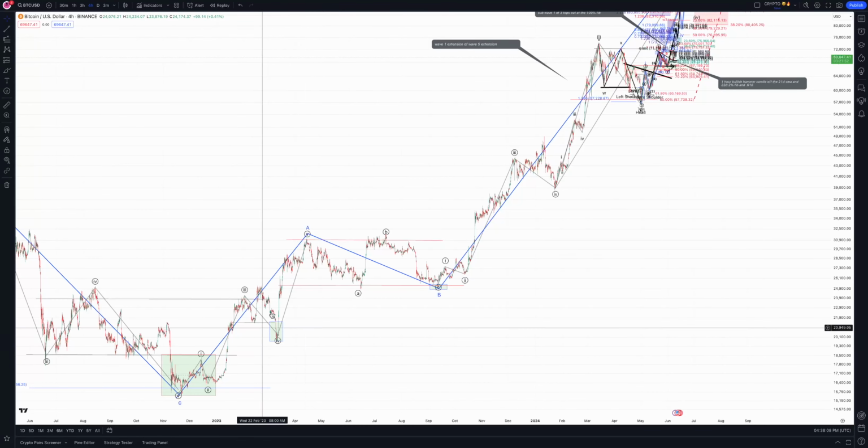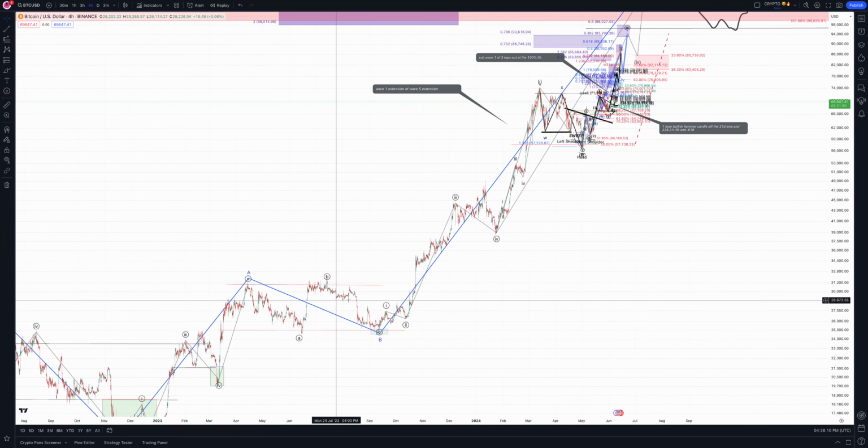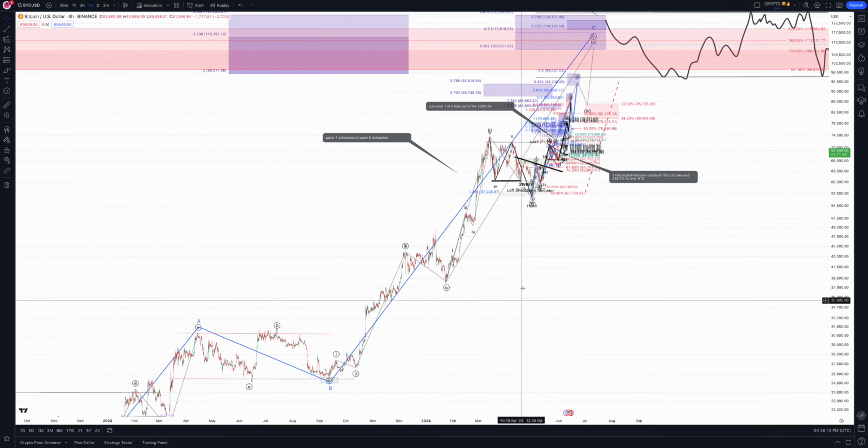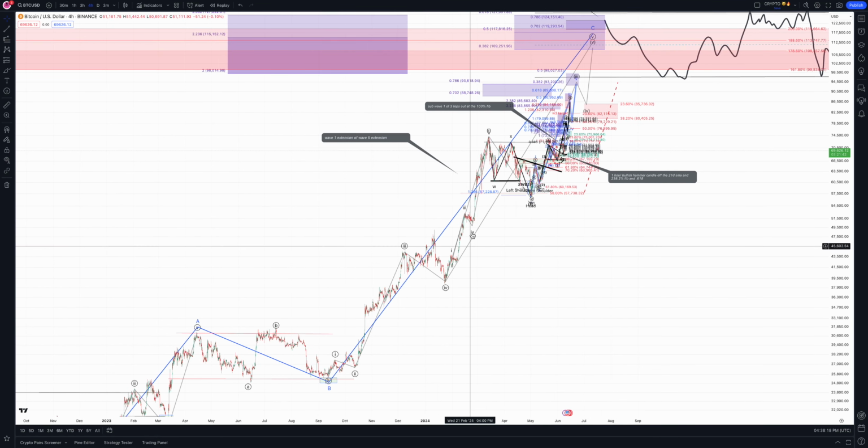So this over here would be your 5 waves for your A, 3 down for your B, and then another 5 up for your C. And we're still within our 5th wave. So right now we're currently within our subwave 3 of our 5th wave. Okay?